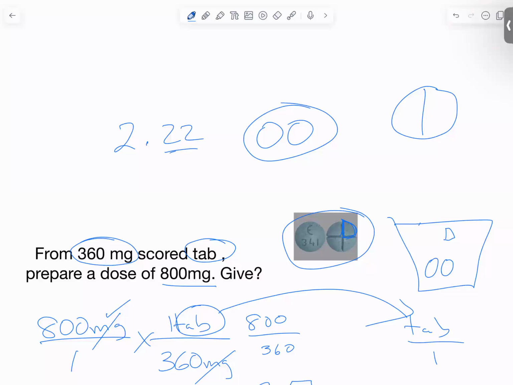But if there wasn't any visual, then there's no indication whether it was scored in fours. Right. If I'm trying to tell you it's scored, then it's scored. If it doesn't say, it's not scored. If it's a scored tablet, it will tell you it's a scored tablet, or you'll have a picture of the scored tablet. Okay. No more questions from you. All right, thank you.